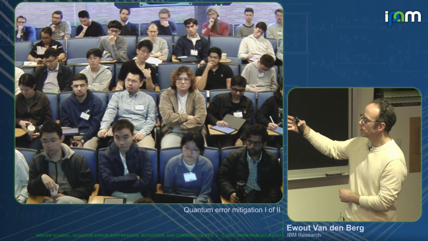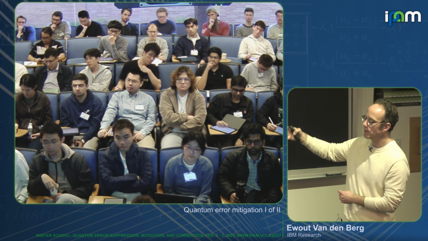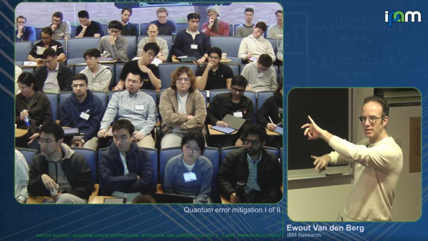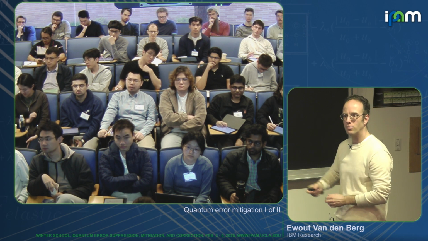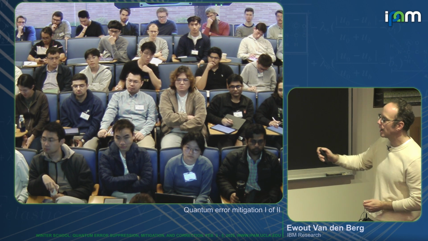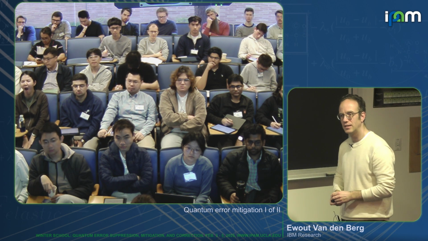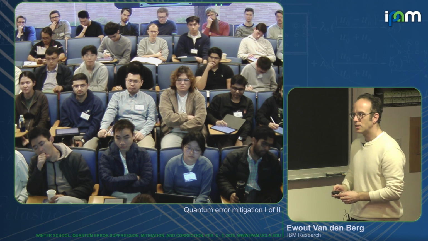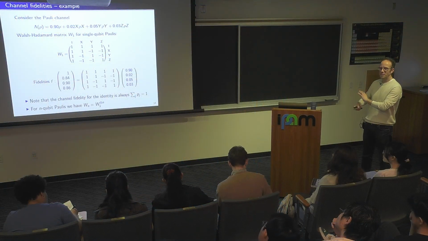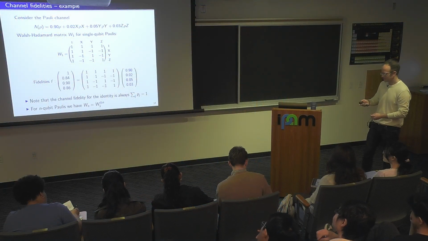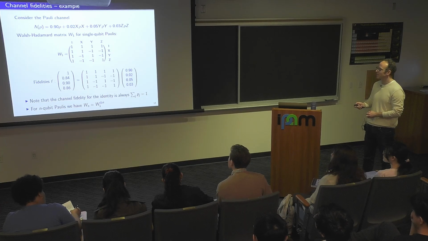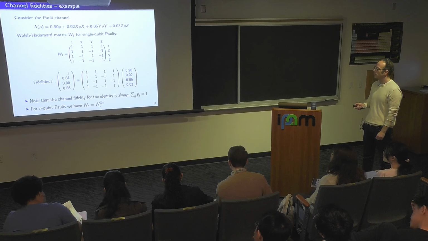So you take I, X, Y, Z, and then Kronecker that with I, X, Y, Z to get the order. So you get II, IX, IY, IZ, and then XI, XX, etc. Of course, this is just a matrix representation. As operators, it just has to be consistent. But this is just the way to write it as matrices.